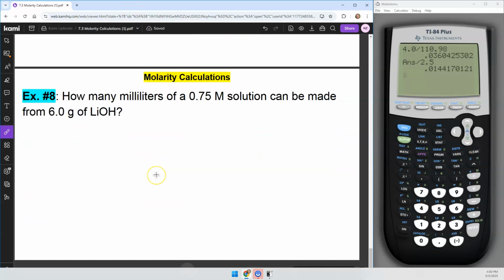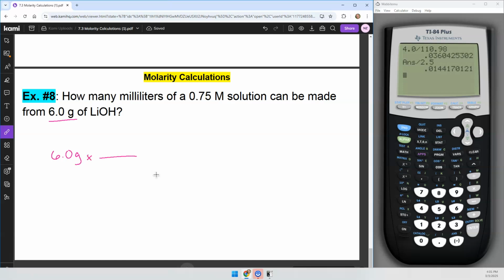All right, uno más. How many milliliters of a 0.75 molar solution can be made from 6 grams of lithium hydroxide? Okay, so don't start with molarity, start with grams. Okay, so we have 6 grams. We need to turn it into moles. Then we need to use our molarity to get liters. And then we need to convert our liters into milliliters.